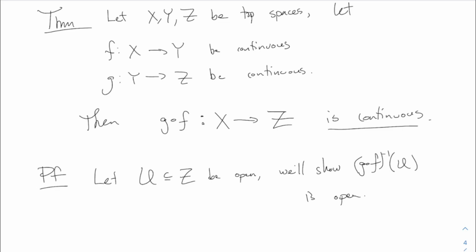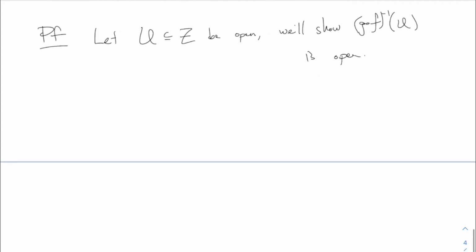And the idea of the proof is this: G composed with F is doing both functions at once, but you want to think of it as doing one at a time. First you do F and then you do G. So this is not so difficult to think through. G composed with F inverse of U. I want to rewrite that as like something first and then something else.